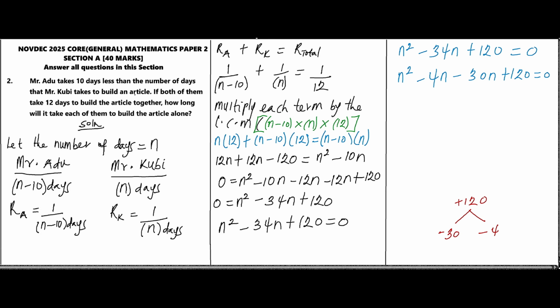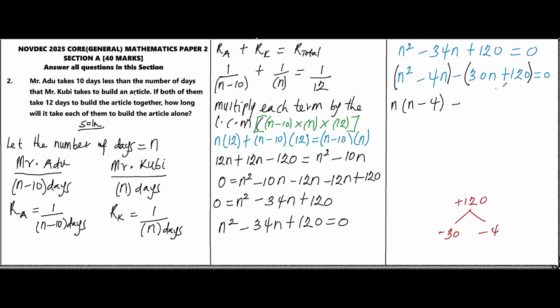So now let's group them. So n squared minus 4n, one group, and then this. So we can now factorize. What is the common factor from the first bracket? So that is n. When we factorize n out, we are left with n minus 4.